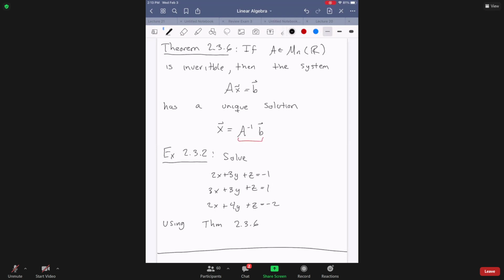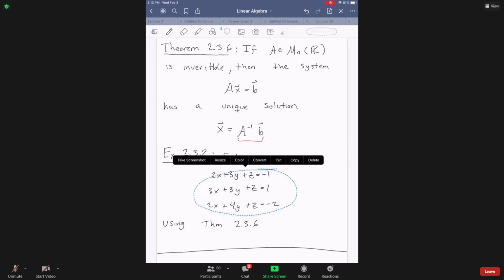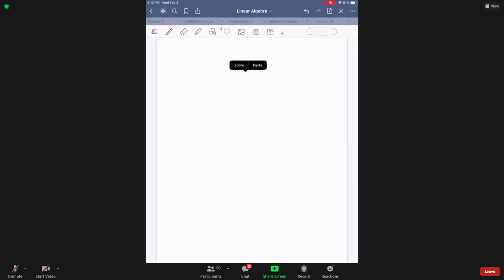First and foremost, all you have to do is set up the matrix equation. Solution.